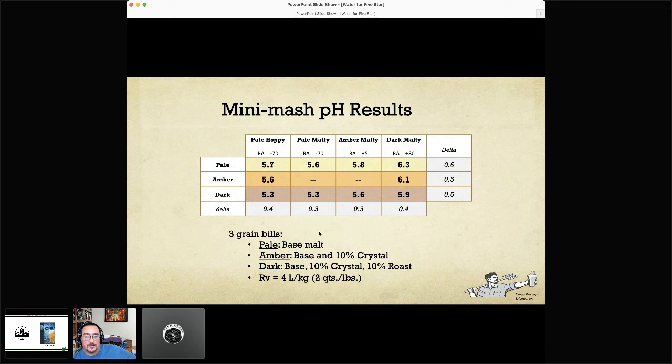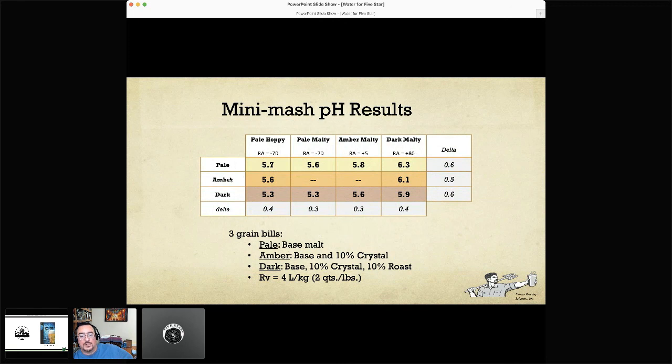So using this -70 residual alkalinity brought the pH down about 1/10. Using a near zero residual alkalinity, +5 in this case, we were right there at 5.8. It's kind of typical for base malt. And going to a higher residual alkalinity water of +80, that gave us a mash pH of 6.3.